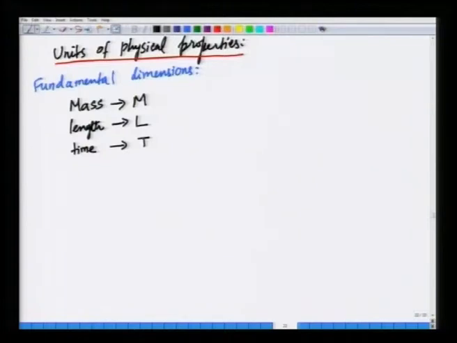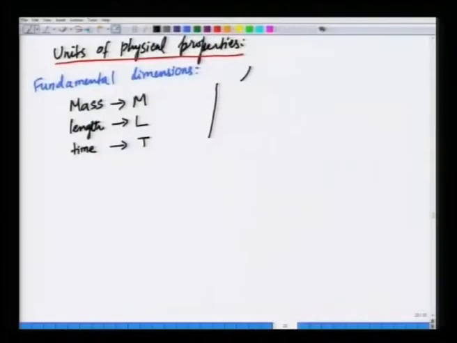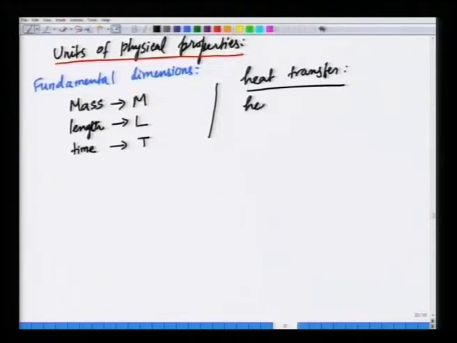These are by convention assumed to be fundamental dimensions, and if you are interested in heat transfer, where transfer of energy through non-mechanical means is involved, you can consider heat content or internal energy, which is characterized by temperature.